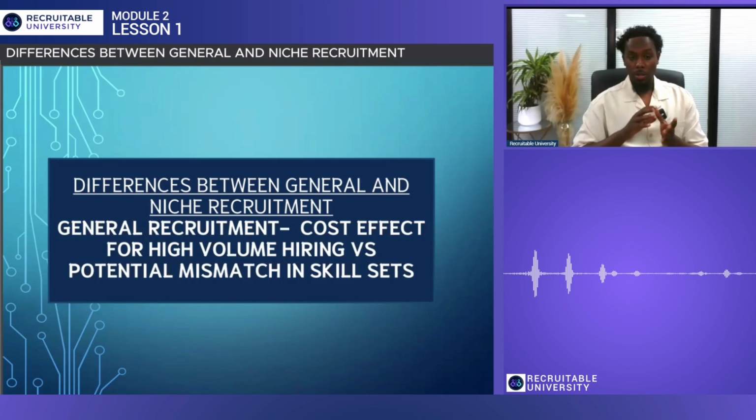Then general recruitment being cost effective is great because you can post so many vacancies out. You can recycle some of those vacancies and those templates. Also expect to have potential mismatch in skill sets. You may have people who are too qualified apply for your position, or people who are unqualified apply for those positions.